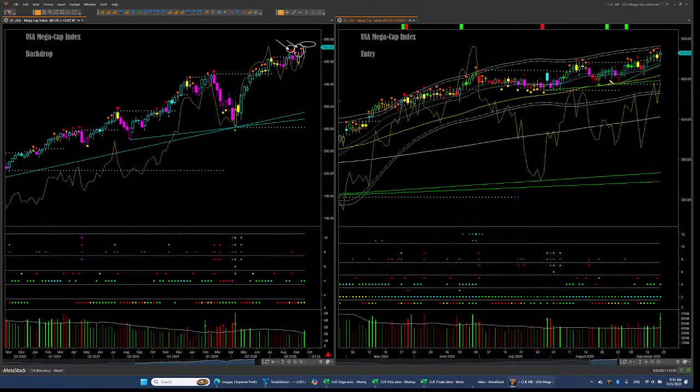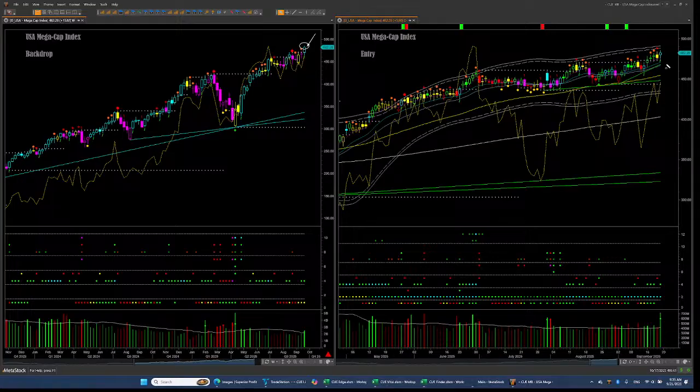However, because of the trendline supports, I said that it was not possible to short. As it happened, mega caps rallied this week, created a new all-time high.